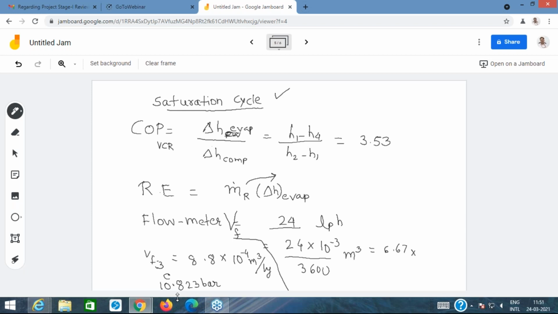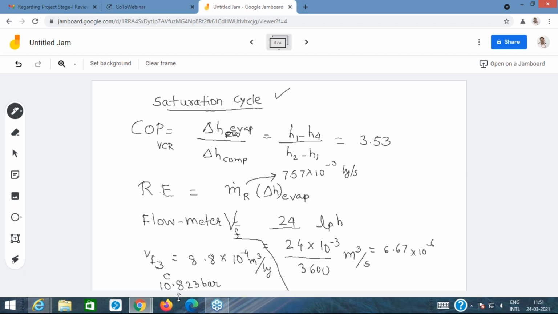Just do the calculations to convince yourself. Okay, and you have these values, and from that you will get the mass flow rate. The value of the mass flow rate I will directly write down, and that value with me is 7.57 into 10 raised to minus 3 kgs per second.